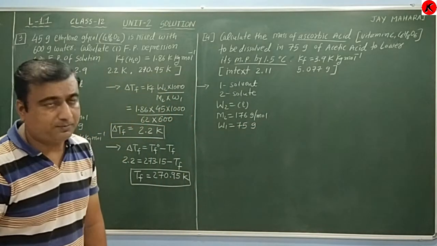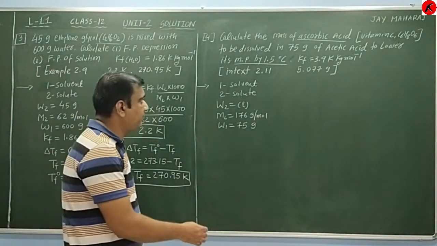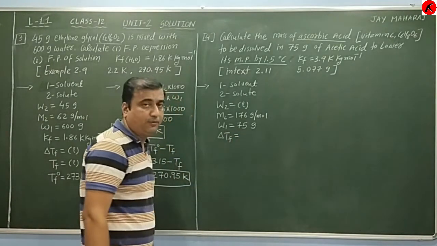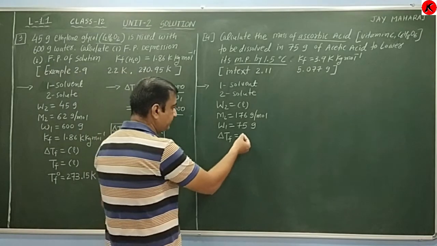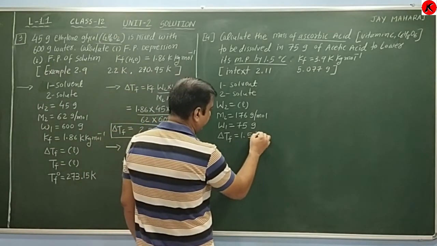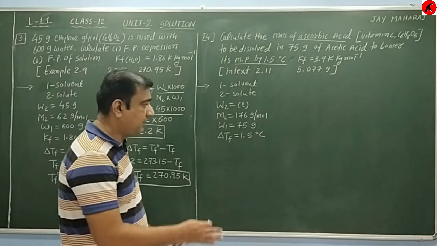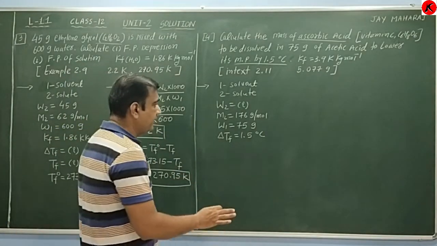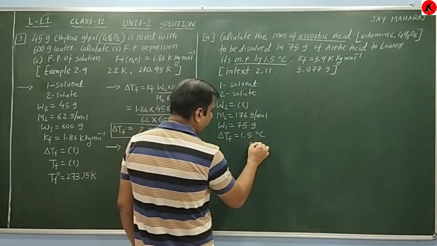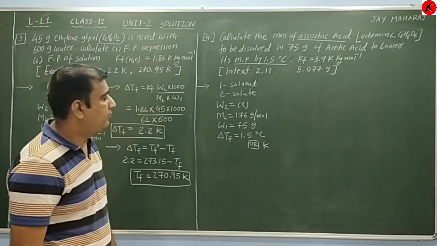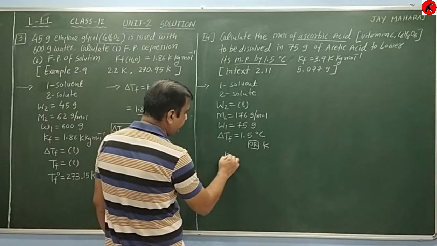To lower its melting point, that means freezing point, by 1.5 degrees Celsius, that means value of delta Tf is given, 1.5 degrees Celsius. Now this is the temperature difference, that means value will be same in degrees Celsius or Kelvin. Now Kf is given.